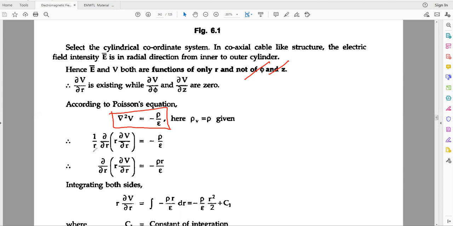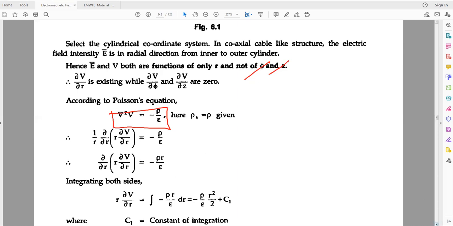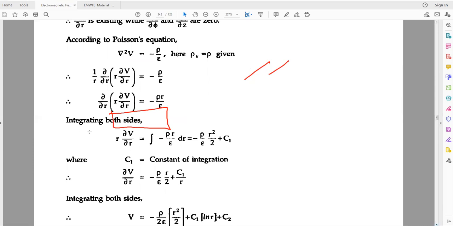Okay, my dear students. Let's multiply by R here. Dou by dou R of R into dou V by dou R is minus rho R by epsilon. Apply the integral on both sides.